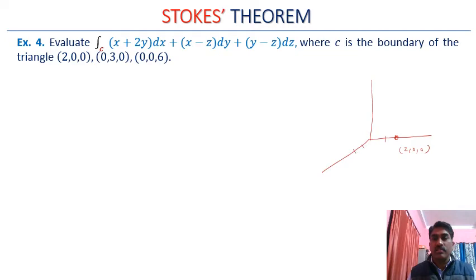So let this point be 0 3 0, and then 0 0 6. Let this point on the z axis be 0 0 6. So just connect the points and we will get the triangle.